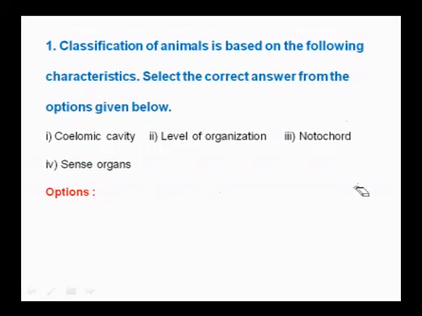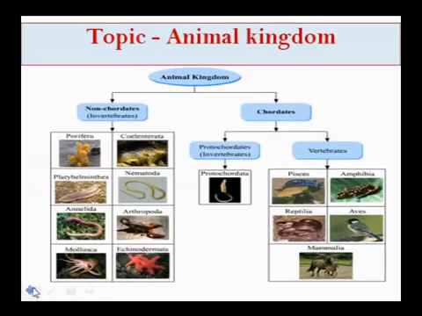Since they have two germinal layers, they are said to be diploblastic: outer ectoderm and inner endoderm. Then you can also see some organisms where there is a middle layer called mesoderm, and then it is said to be triploblastic. So, some organisms are diploblastic and some are triploblastic.